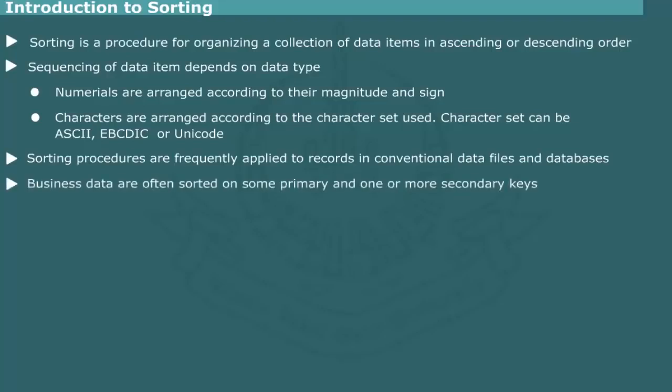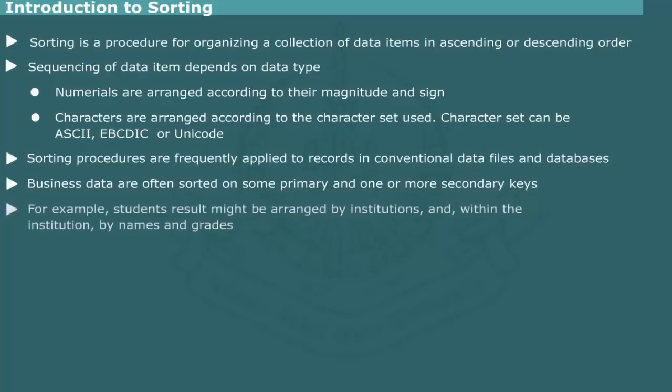Records are normally sorted on a primary key. Sometimes we need to sort on a secondary key as well. For example, entries in a results sheet may be arranged by institutions and within institutions by grades. The associated data fields are referred to as sort keys.